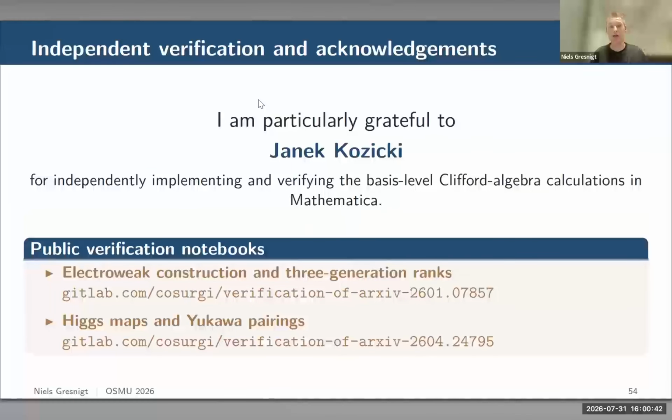And finally, I would just really like to thank Yannick because he spent a lot of time checking every single calculation in the two arXiv papers that I put up earlier this year. He contacted me a few months ago and said he was trying to verify everything, and I'm very grateful to him. He was kind enough to share those Mathematica notebooks that he created on GitLab.